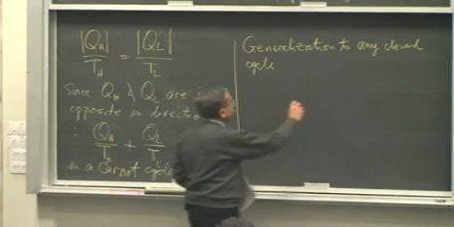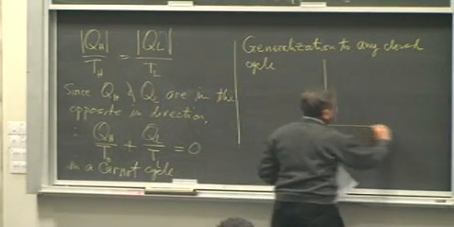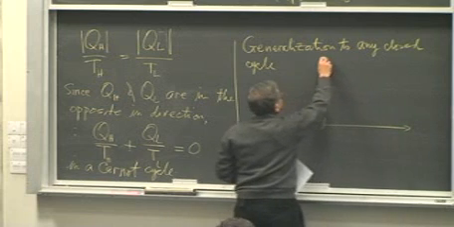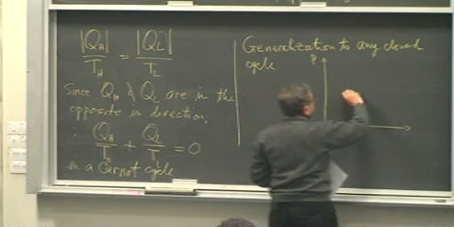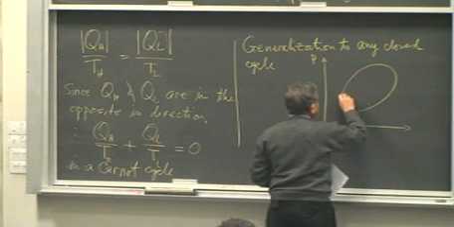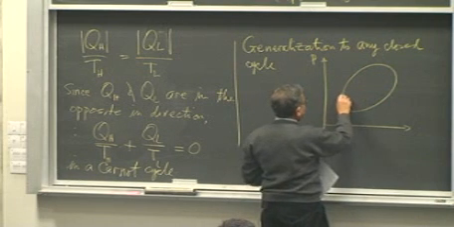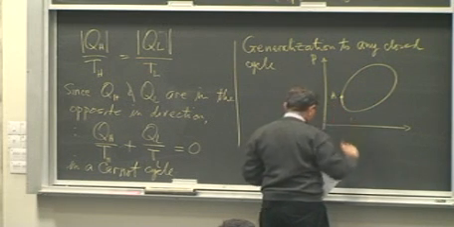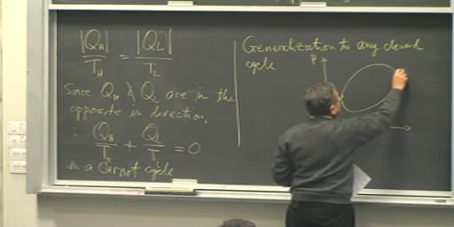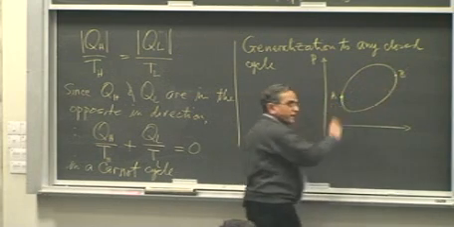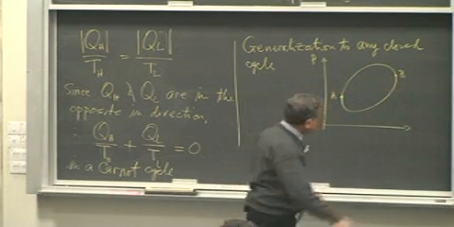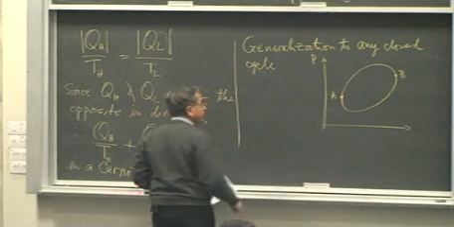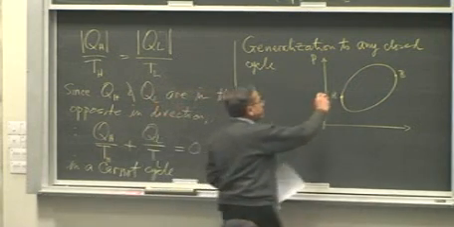Now, what we will do is we will take a cyclic process, any cyclic process, which goes from point A to point B, and then comes back. We may not need these points at this time, but there is this cyclic process.